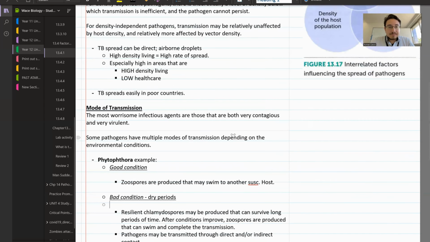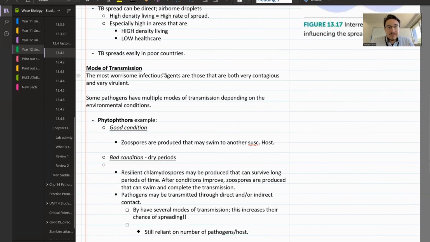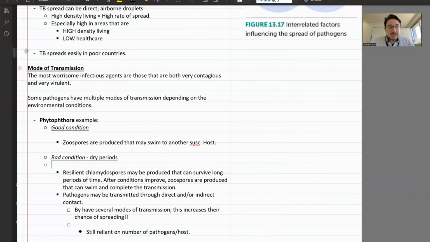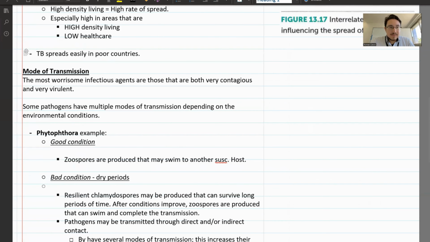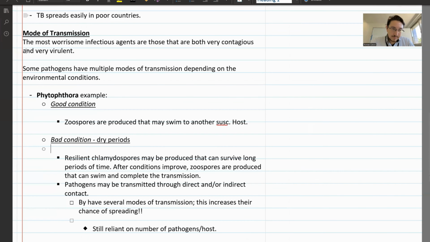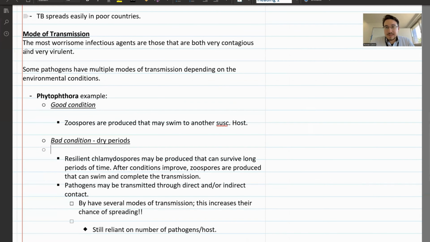Okay, so we left off talking about the mode of transmission. So let me just get this in a bigger screen here. Okay. So the mode of transmission, as you've seen in the previous lessons, is just the way in which a pathogen can spread. Is it airborne?